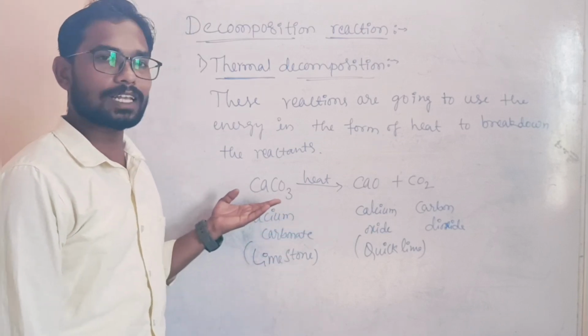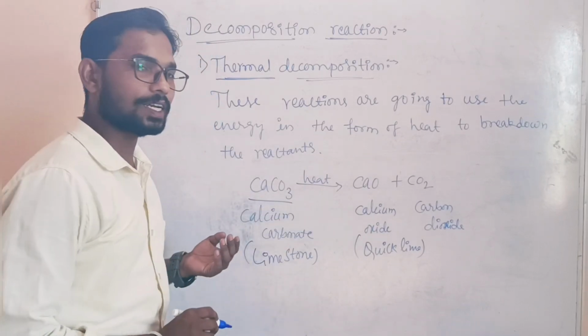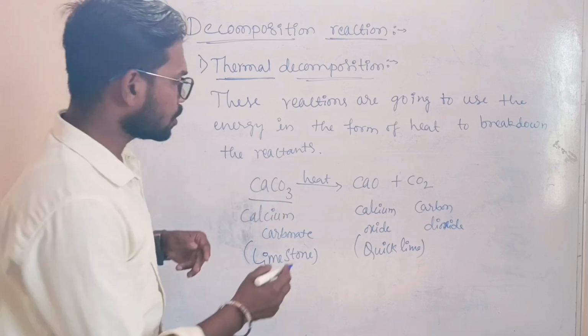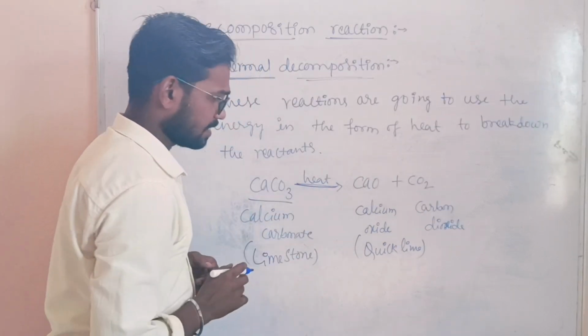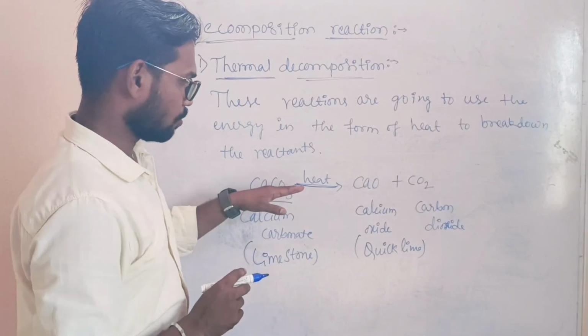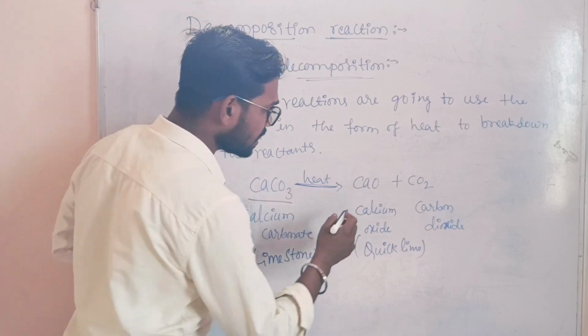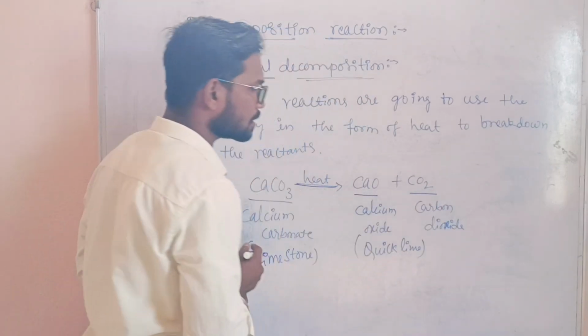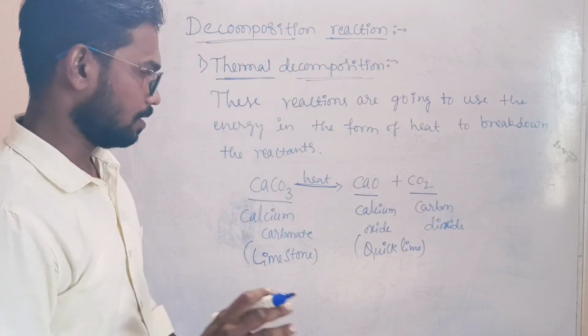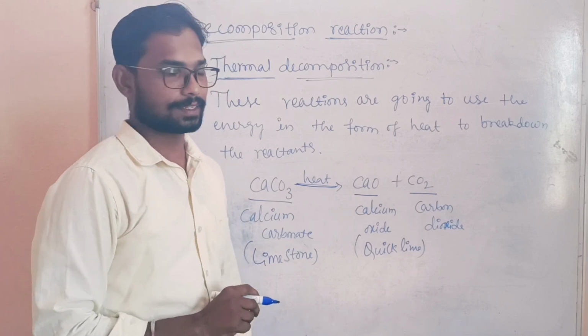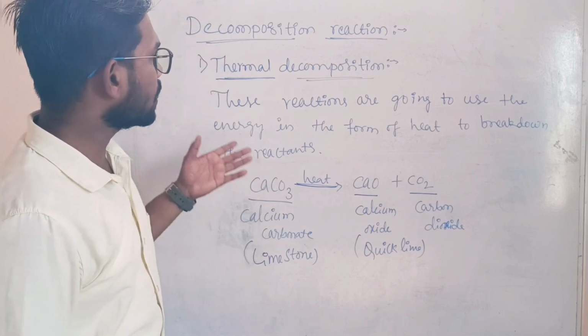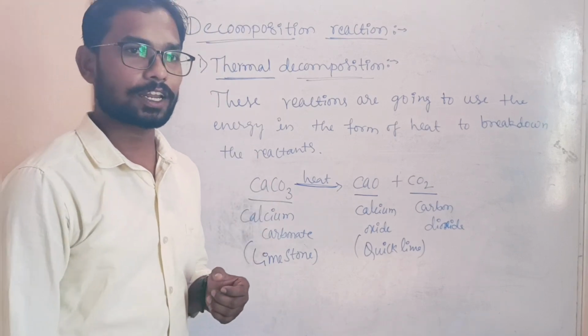You can see in the example that when calcium carbonate is heated, when you pass the heat, you are going to get two products, that is calcium oxide and carbon dioxide. So this is the thermal decomposition reaction.